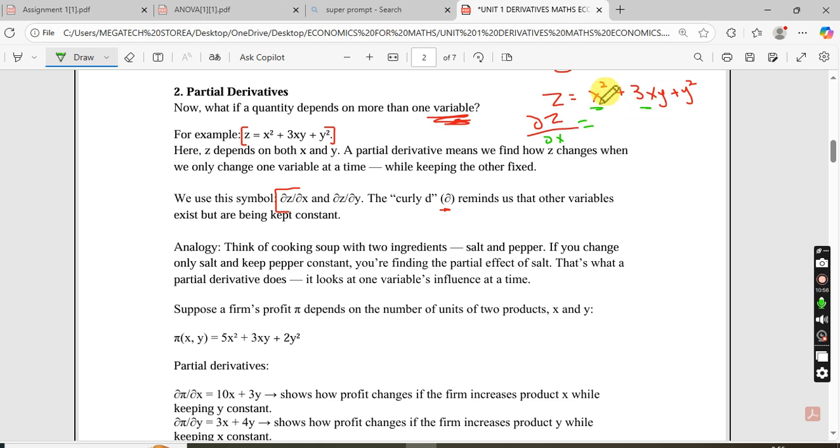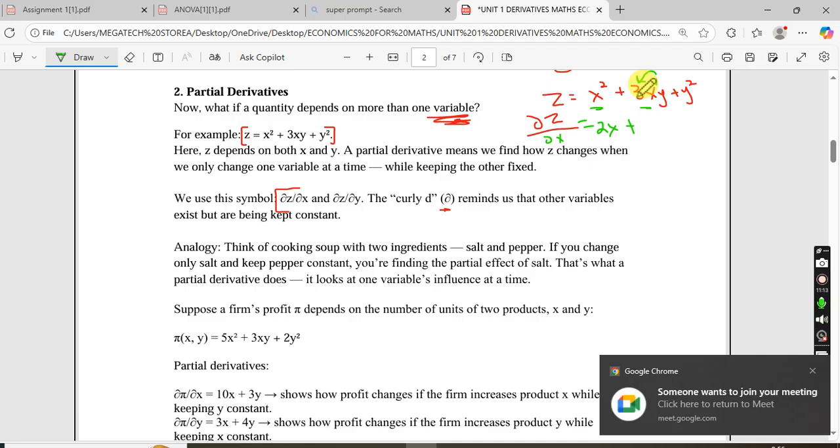When we derive x squared, we get 2x, plus we derive this 3xy. Remember, this x is to the power 1. So you multiply 1 times 3, 3.